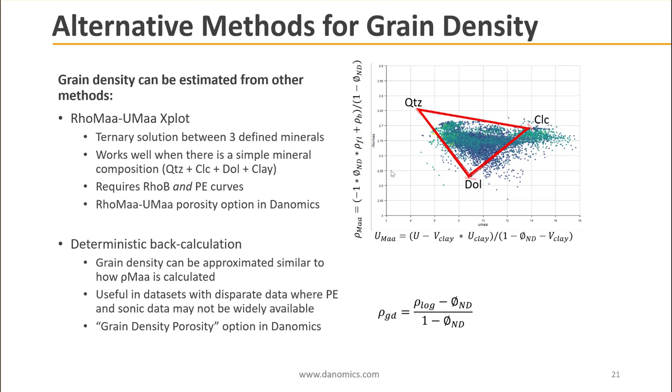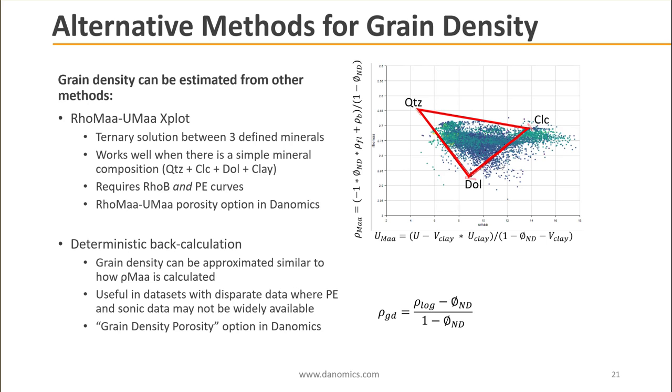There are alternative methods that we have. So, for example, we have something called the Roma-Yuma porosity in Danomics, and essentially what this is, you calculate an apparent matrix density and apparent matrix U value, and then you calculate a volume of quartz, dolomite, and calcite, and then once you have those, you add clay into the mix, and then you can calculate a grain density from that.